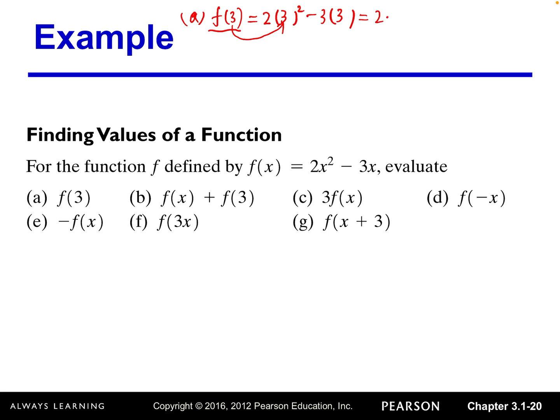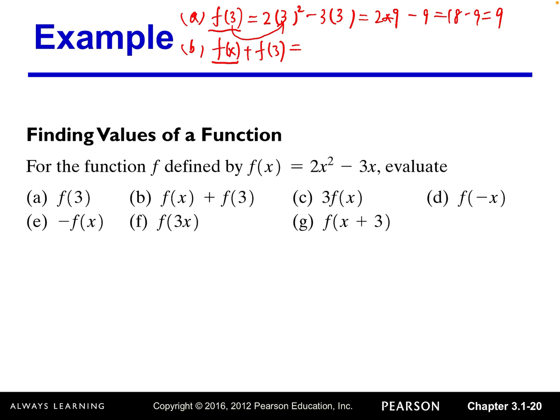That's 2 times 3 squared, that's 9, minus 3 times 3, which is 9. So that's 18 minus 9, which equals 9. I hope that makes sense to you. That's how to evaluate a function. Then let's try b. In b, we want to find the value of f of x plus f of 3.